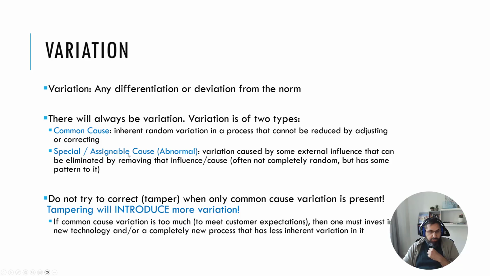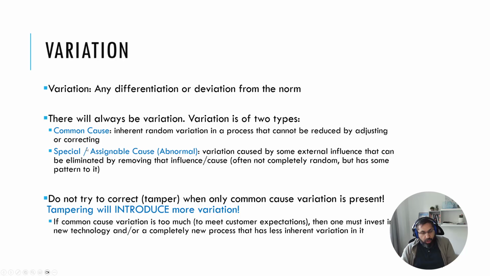You can reduce it by training the worker, by maintaining the machines properly. Like total preventive maintenance is a way to do that. Total preventive maintenance is the idea that you maintain the machines before they fall apart so that they never have special assignable cause variation due to the machine issues. Right? You replace parts as they wear out, things like that. Okay, so you fix that.